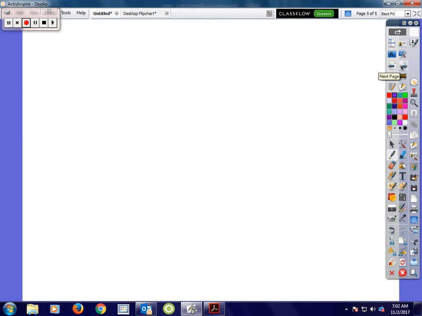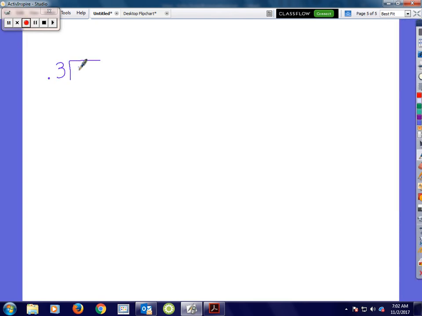Okay, so now I have a decimal in my divisor. 5 and 1/10 divided by 3. So what you're going to do when you have a decimal in the divisor is make that a whole number.